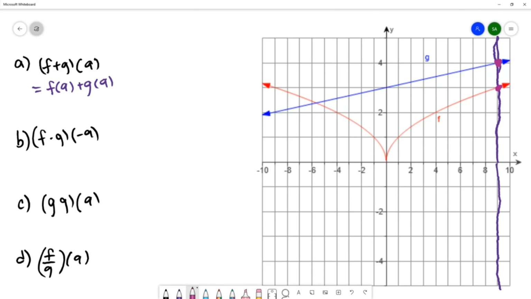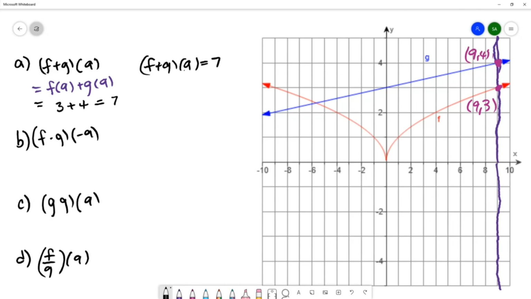So those ordered pairs are, excuse me, I've got that backwards, 9, 4, and 9, 3. And f of 9 is equal to 3, and g of 9 is equal to 4, and we're going to add those together to get 7. So we found f plus g of 9 to equal 7.